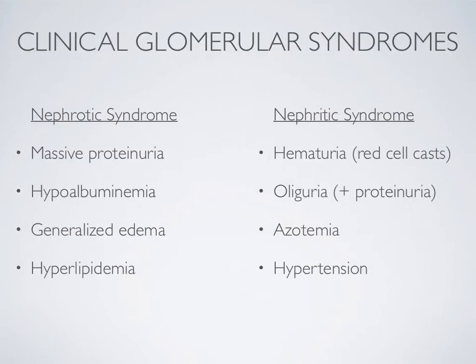Now, people who have some kind of damage to the glomerulus are going to present in two different ways. These are called clinical syndromes, and we call them the nephrotic syndrome or the nephritic syndrome. And they have different symptoms associated with them. Both are the result of glomerular damage, but with nephrotic syndrome, the biggest thing I think of is generalized edema. The way I remember that is with nephrotic, it's big O, enlarged.